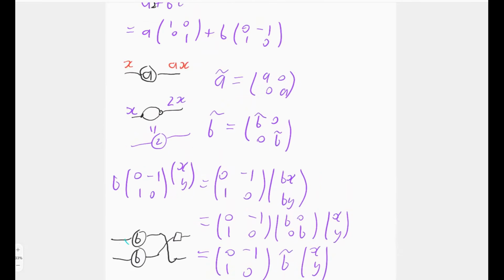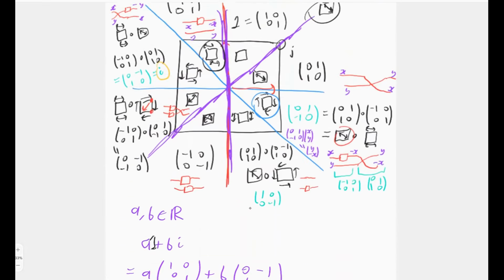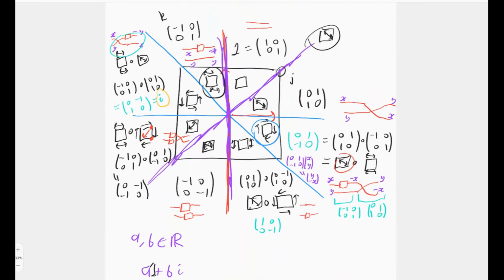So what I've tried to do here is graphically compute. I got the diagram from here, and then I prepended that multiplied by b. Also, we can get this identity diagram here and prepend multiplication by a.